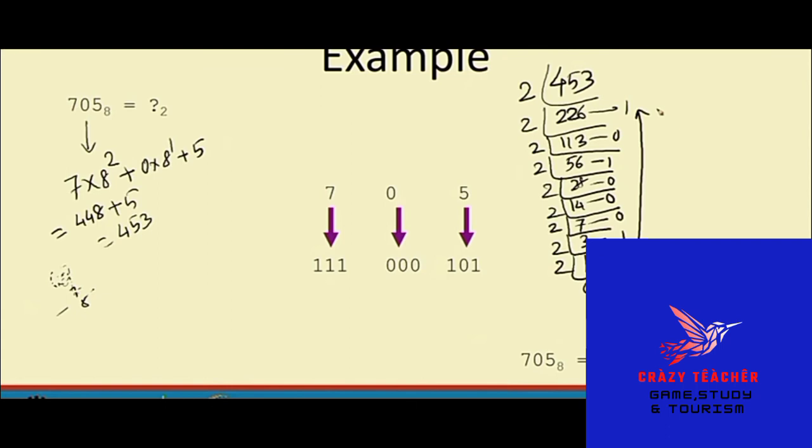Then we write the remainders in reverse order for the conversion into binary. So this is 111 000 101.